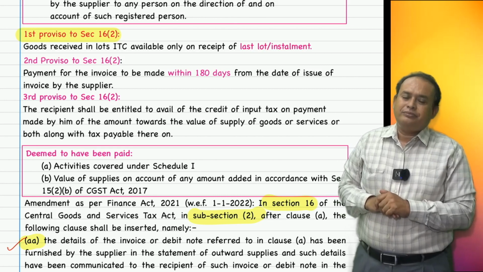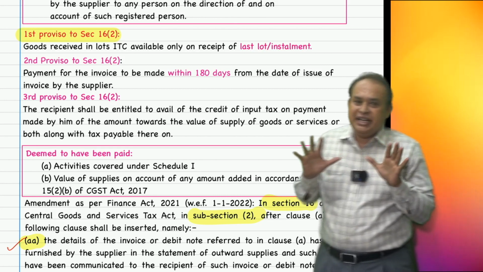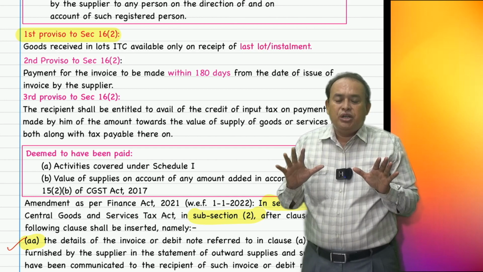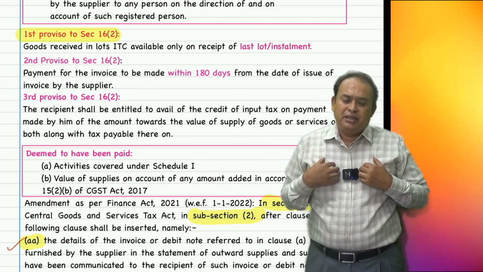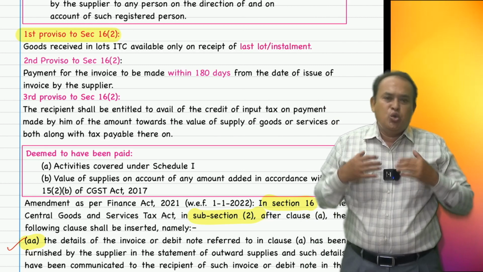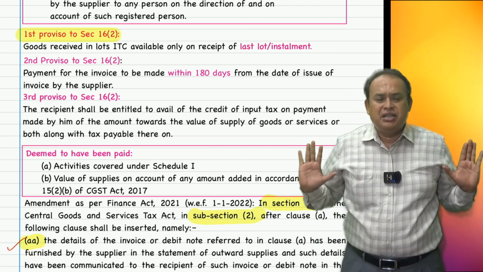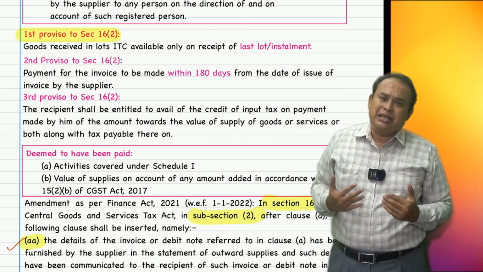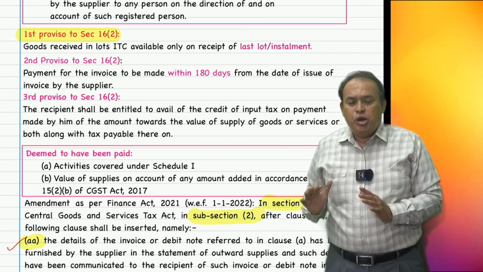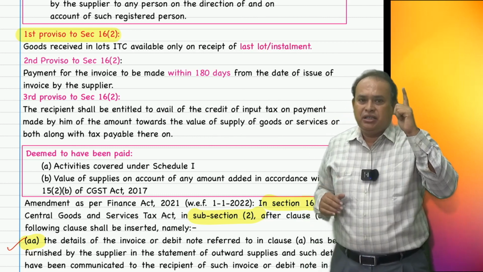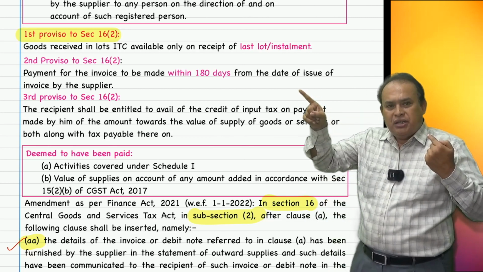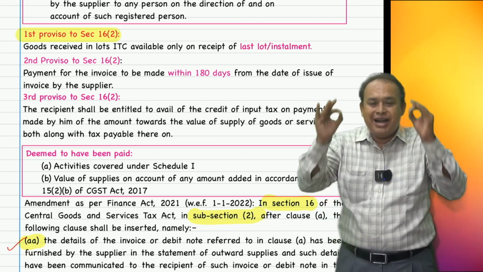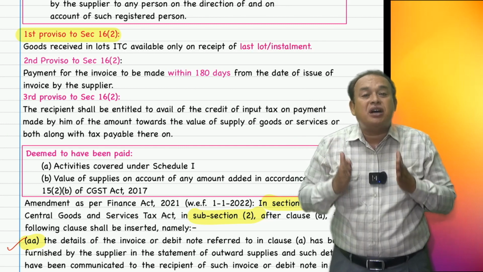In such a case, the law of the land says that Mr. Recipient, being a taxpayer, you are allowed to avail the input tax credit even if you receive the inward supplies on credit basis. But ensure that you make the payment to your supplier within 180 days from the date of invoice.